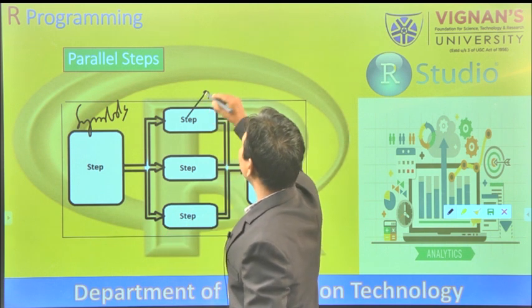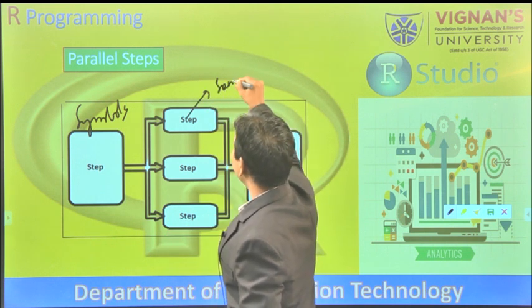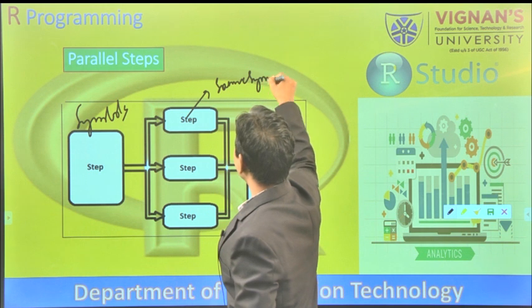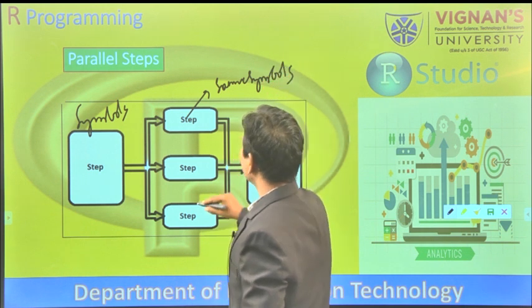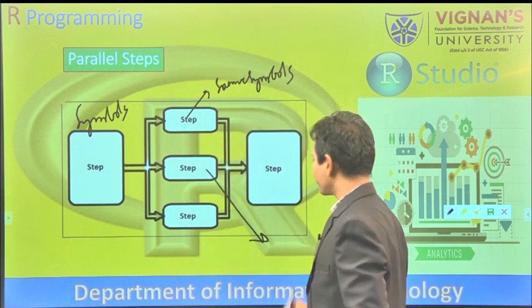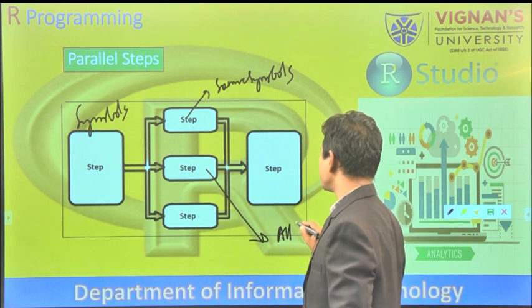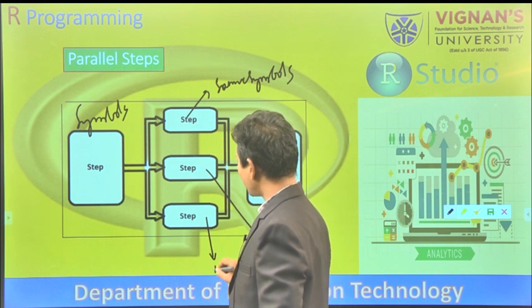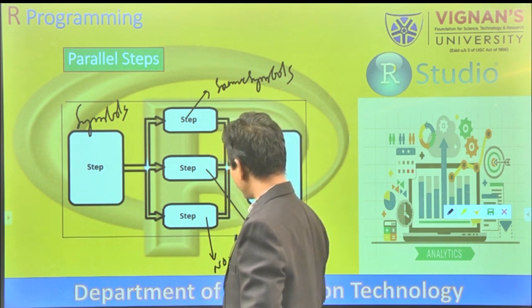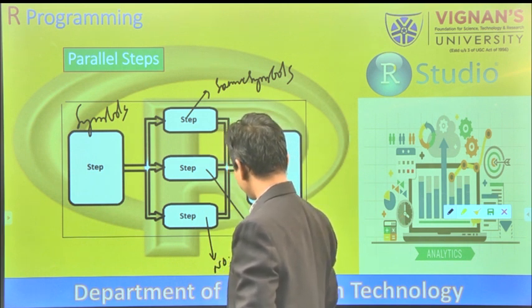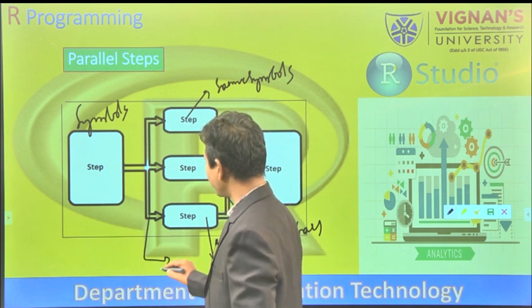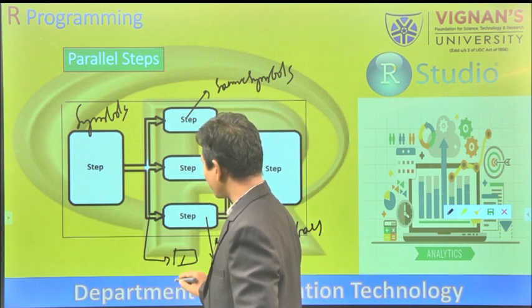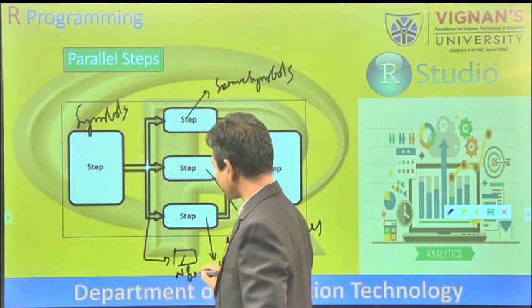We check here for same symbols. Here we check for all bars. Here we check for the number of cherries, and even here further we can check for the number of diamonds.